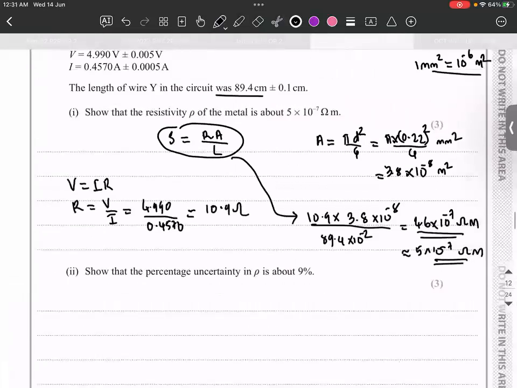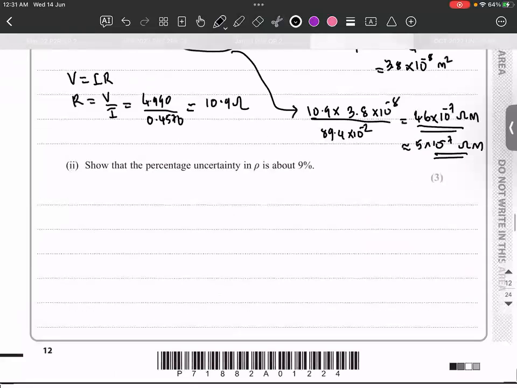of the B question, show the percentage uncertainty in rho is about 9%. So how will you find the percentage of uncertainty?